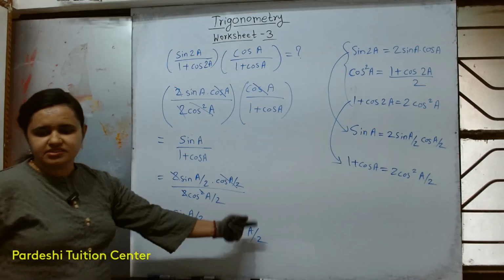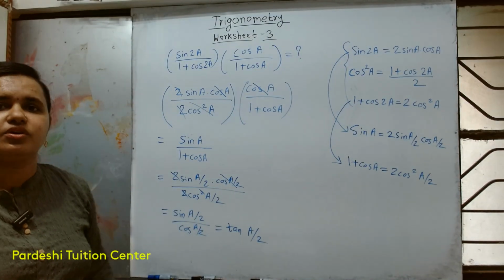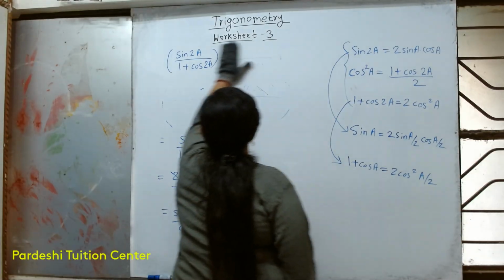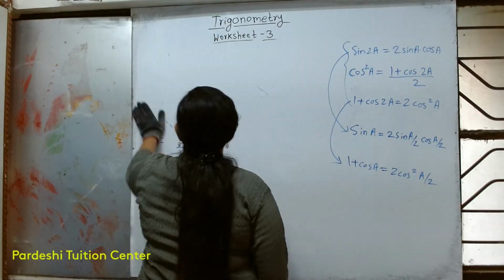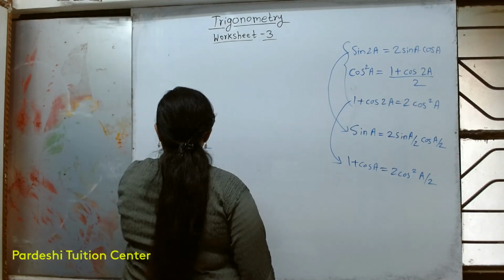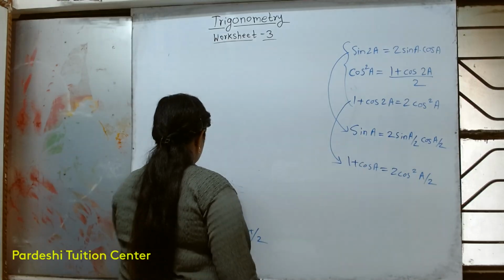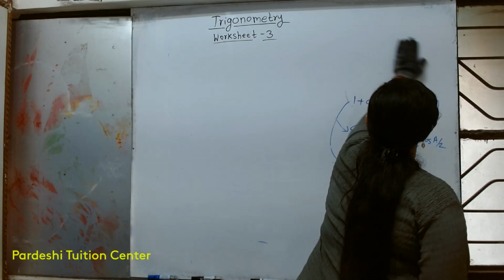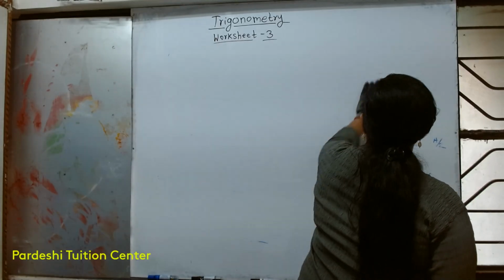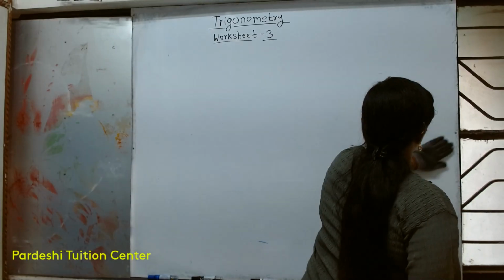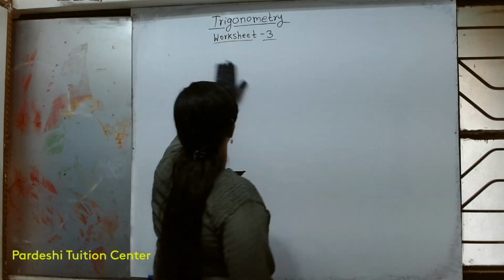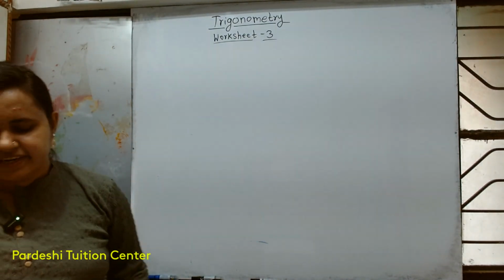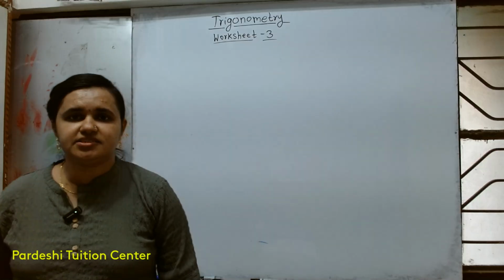So our answer is tan A by 2, second option. For question 22, option second is the answer, that is tan A by 2.